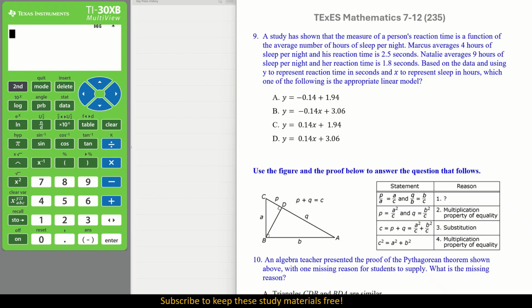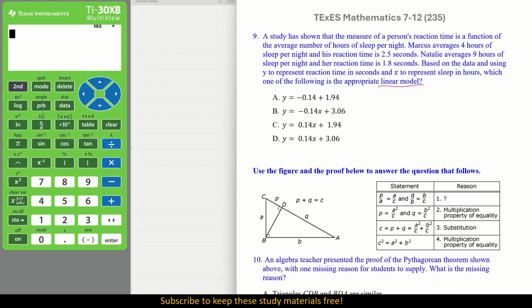Okay, getting away from all the vocabulary jargon or the clumsiness of the sentence, which mathematicians love to do, let's look at what we have. We have best fit. It says linear model. It gives us 2 points, 1 point on the coordinate grid for Marcus and 1 point for Natalie.